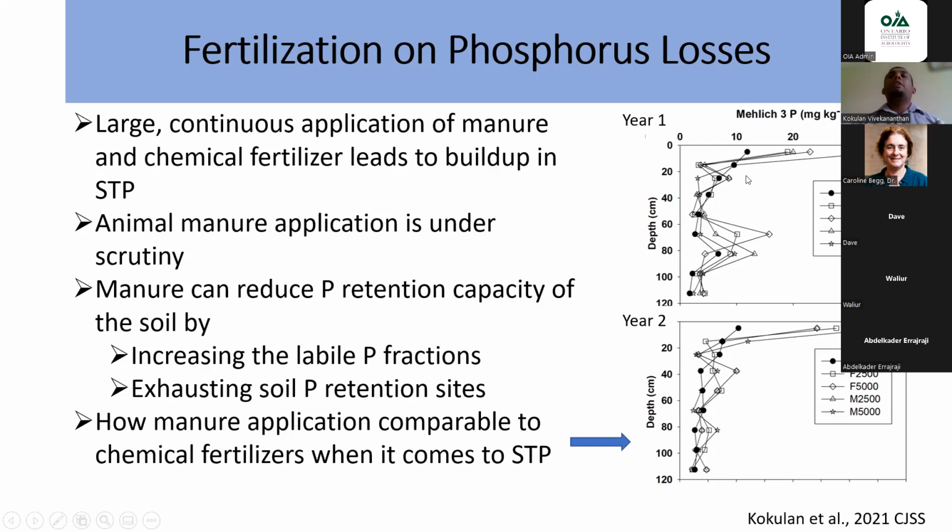And they monitored the soil test phosphorus at the soil surface. Here the 5,000 applications had double the phosphorus applied compared to the 2500. In both years, one of the typical observations is a high surface accumulation of soil phosphorus from the M5000 treatment. That's the manure treatment, which was applied at a higher rate.